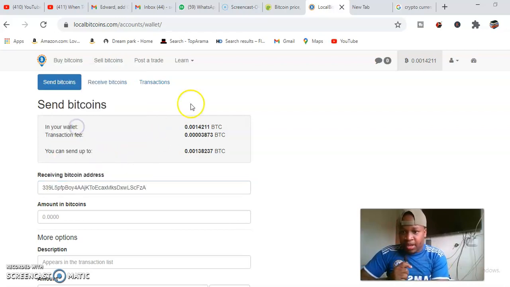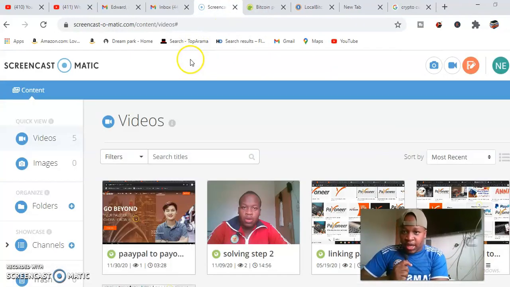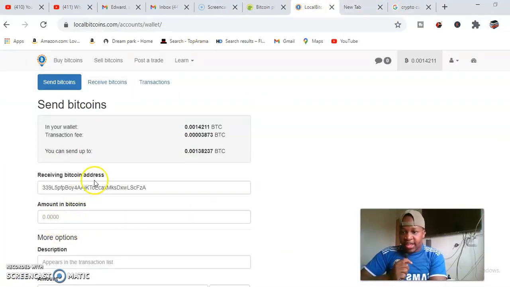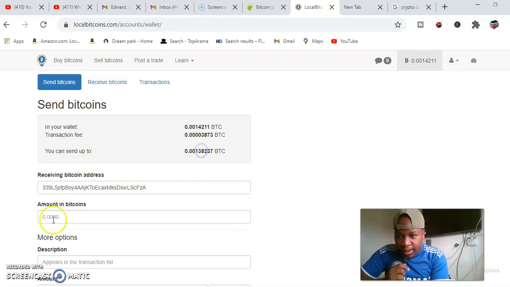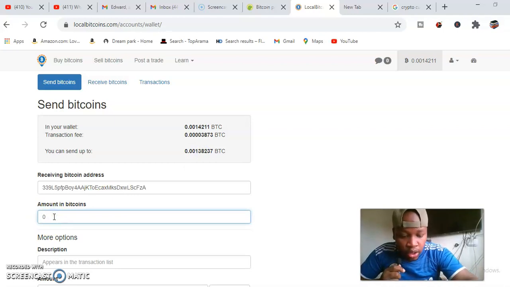So we'll come here to the receiving Bitcoin address and paste it, because the guy who was buying told me to send via this address. So we'll come here and say amount in Bitcoin. We are seeing that I can send up to 0.0013837.